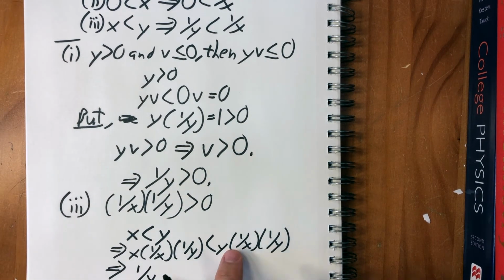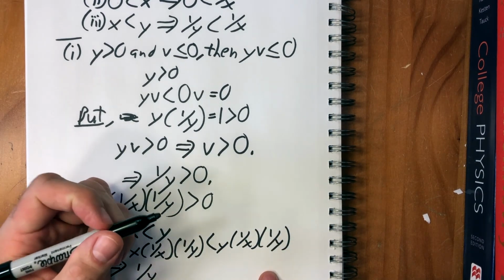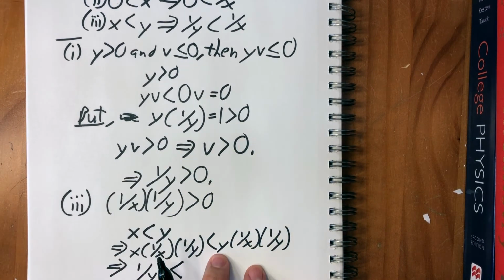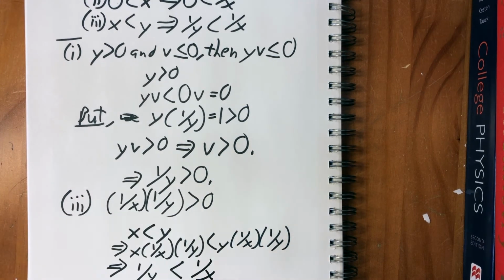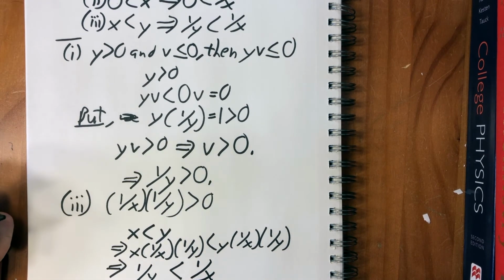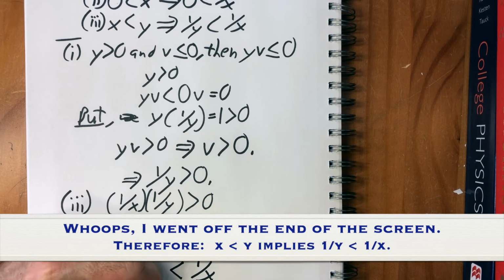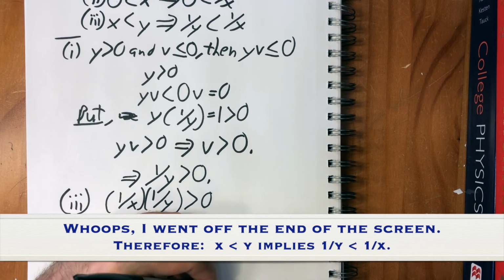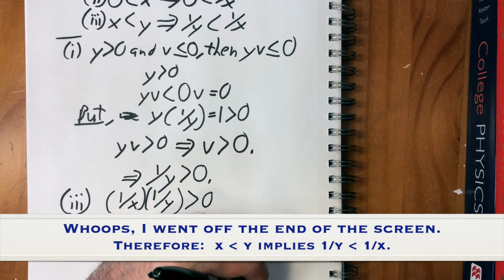And here, the field is commutative, so we can switch these, and y times 1/y is 1, so we're left with 1/x. And that's what we wanted to show. So if x < y, it implies that 1/y < 1/x.